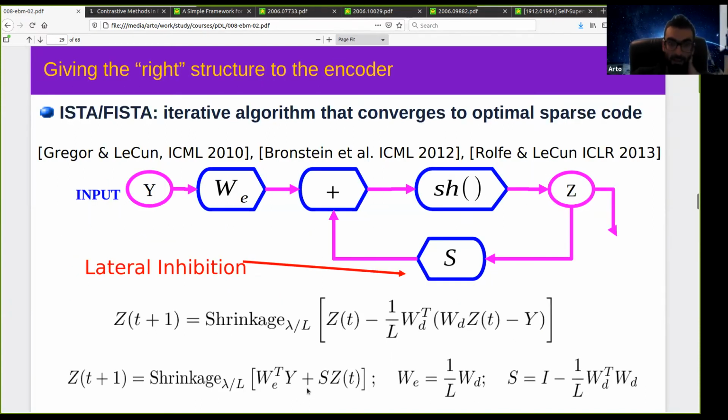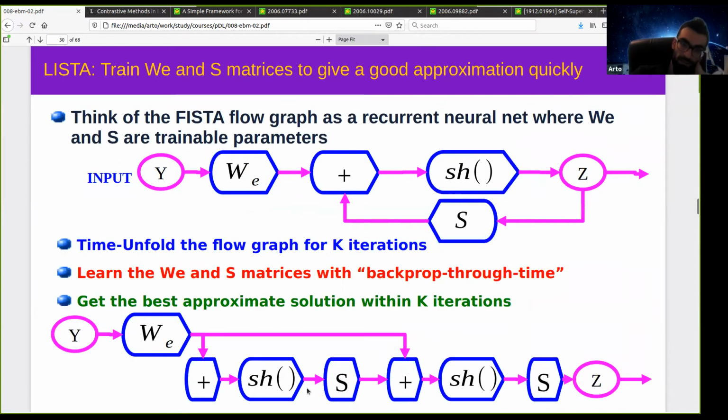An interesting thing is that this iterative ISTA algorithm is kind of similar to a recurrent neural net.